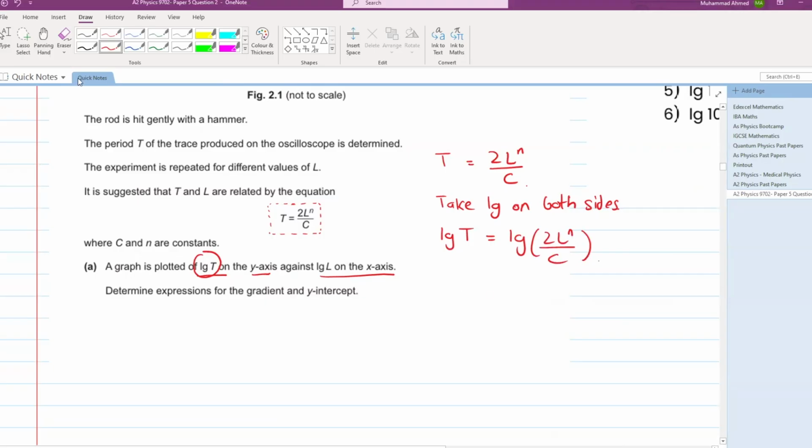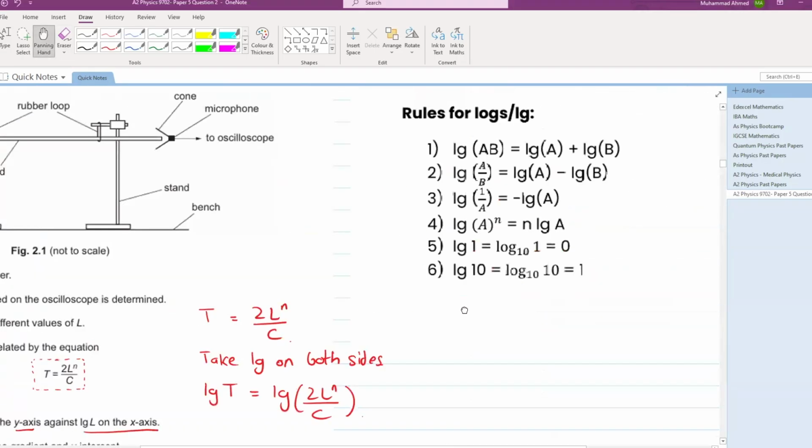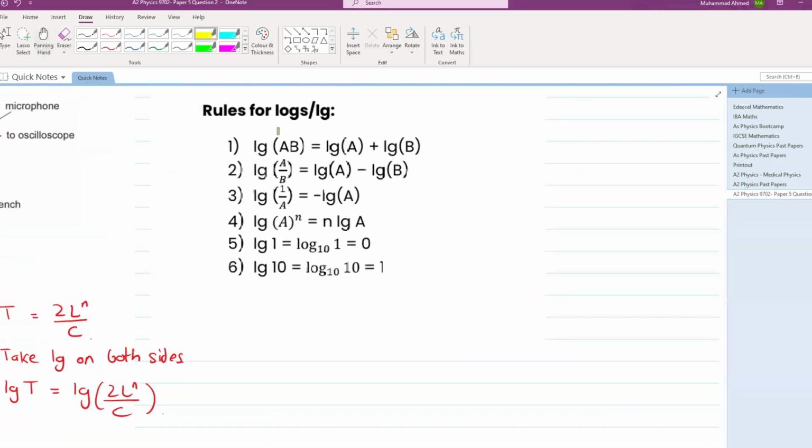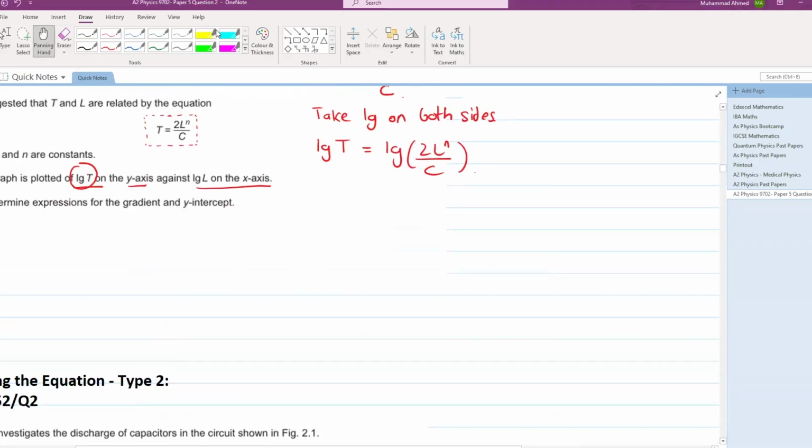Perfect. Now, if you don't remember the rules for logs, I have pasted them here. lg of A times B is equal to what? lg A plus lg B. Simple. So basically, you can split this lg into two halves, 2 over C and lg L to the power n.